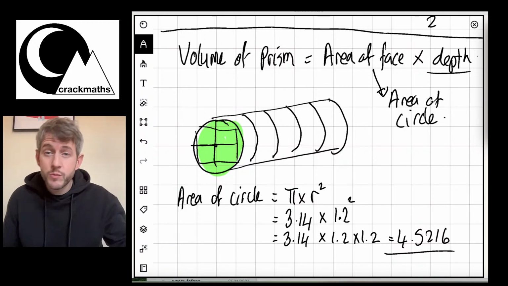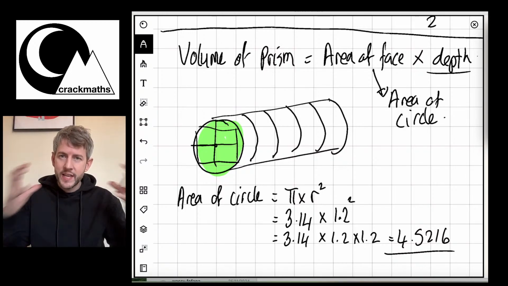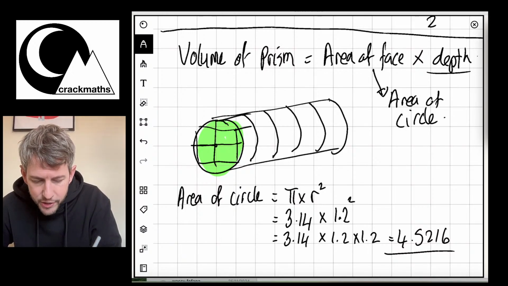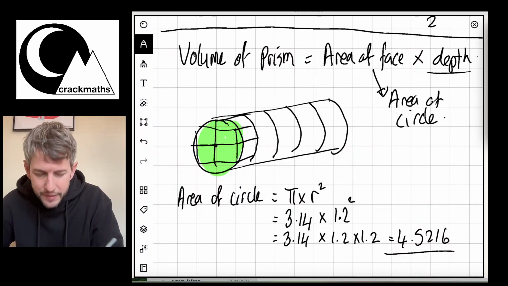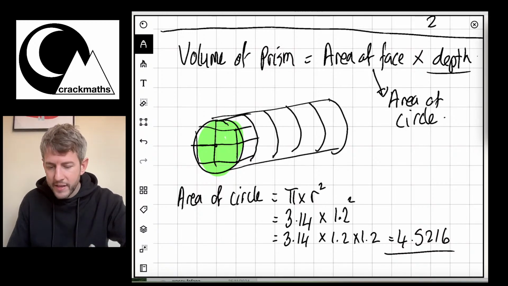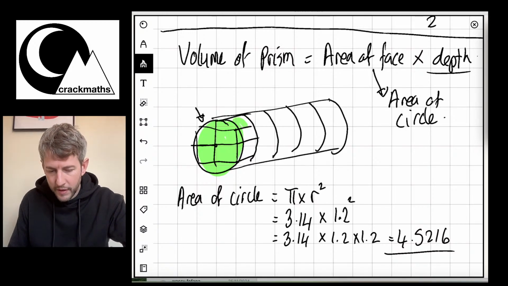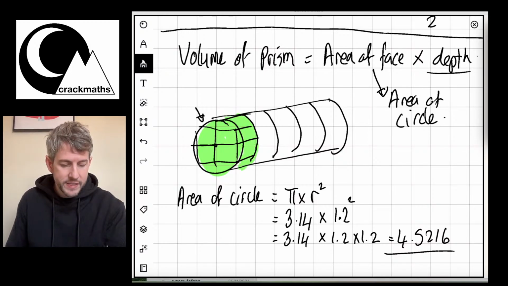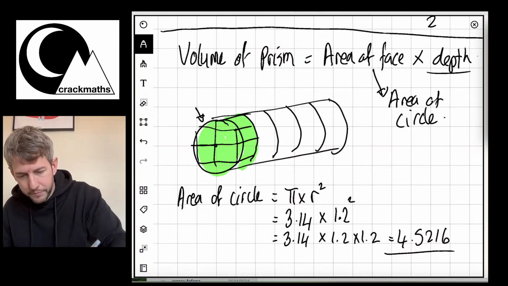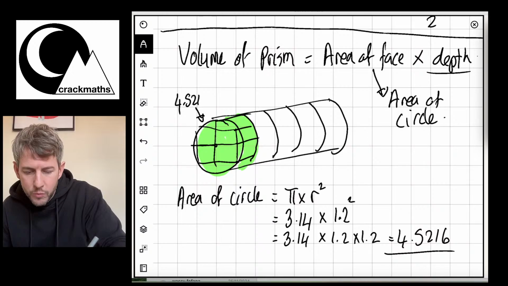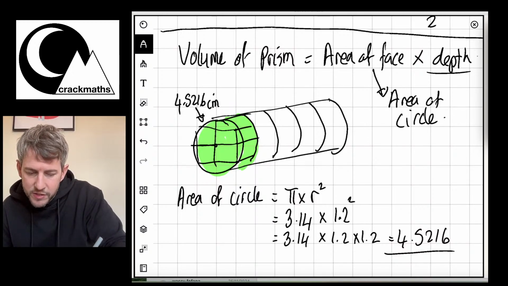Now, when I turn it into a volume, I'm turning it into something that takes up space. So I'm going back and I'm turning all of these into cubes, okay? So that's what's happening here. So we know that each layer of this cylinder, okay, let me colour that bit in here to show you what the layer is. Each layer of this cylinder is going to be 4.5216 centimetres cubed.